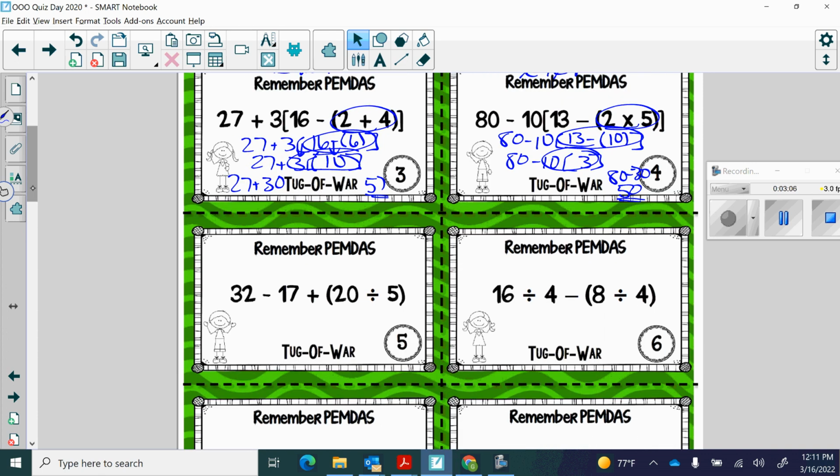Okay? The next one. We also have our grouping here. So our grouping on this side, we'll rewrite everything else. 32 minus 17, 20 divided by 5 gives us 4. No exponents, no multiplication or division, so now it's just going straight across. 32 minus 17 gives us 15, plus 4 gives us a total of 19.